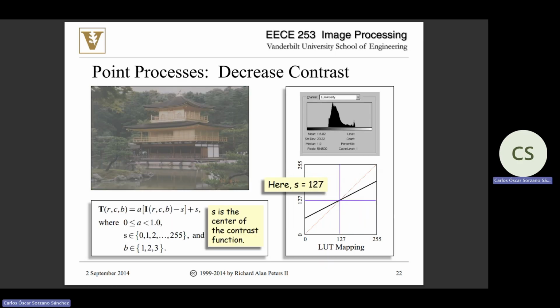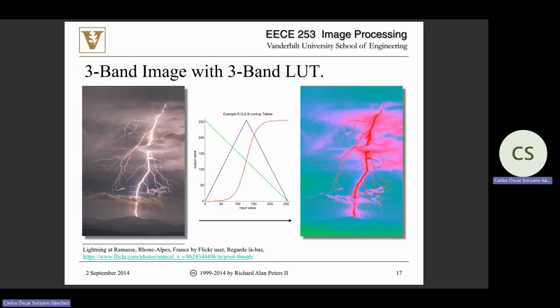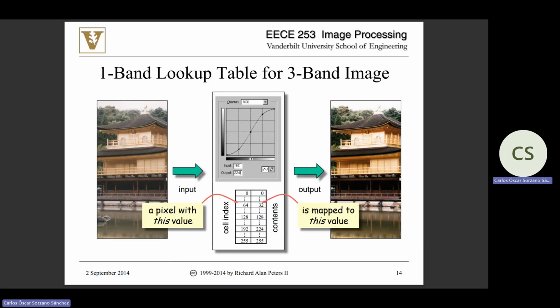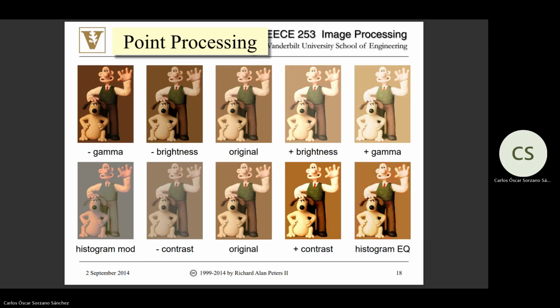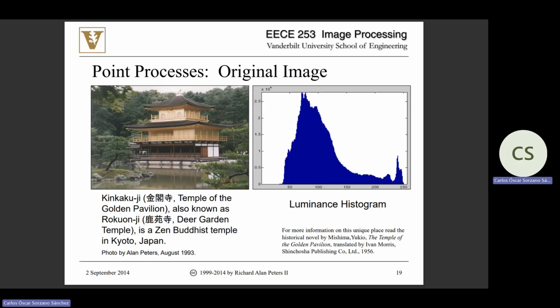Let's look at the original histogram. So the original histogram of the input image, we see that it starts at value 40, let's say. So there is no pixel here with value 0, with value 1, with value 2. And here there is no pixel with value 255, 254, 253.